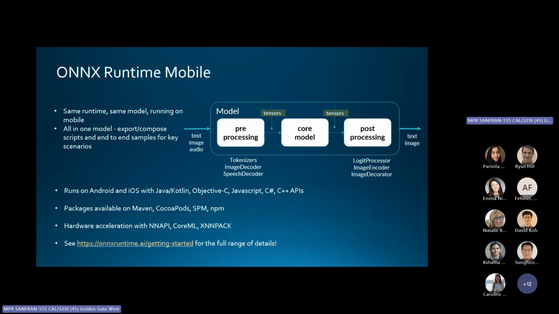The other part is ONNX Runtime Mobile, which is the same code base but specifically targeted for running mobile applications. In ORT Mobile, we also make your life easier to add pre- and post-processing. Because if you deal with AI models, you know all the AI frameworks talk to the model with tensors, which are gigantic n-dimensional matrices.